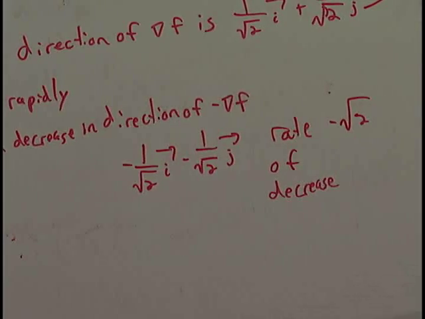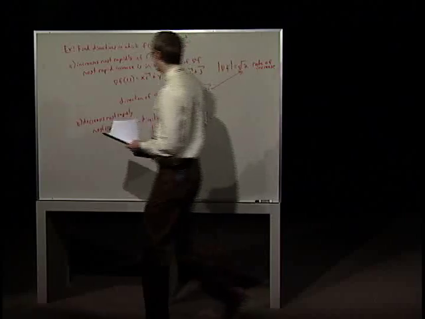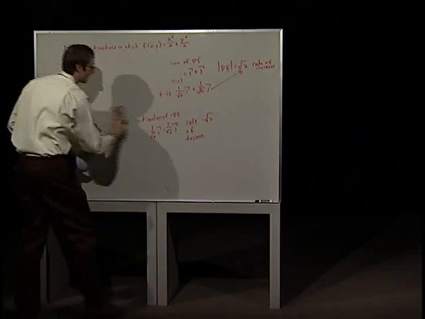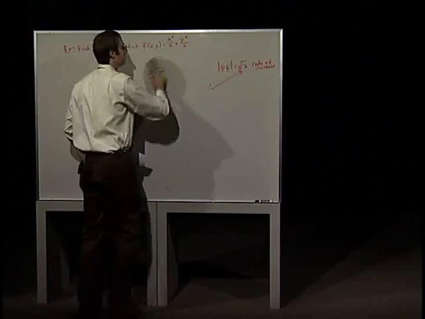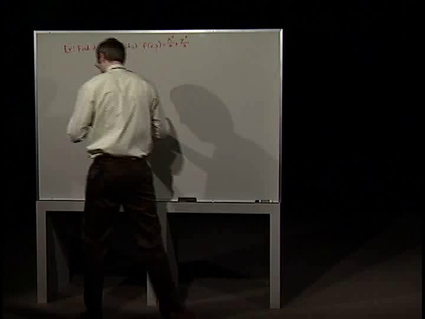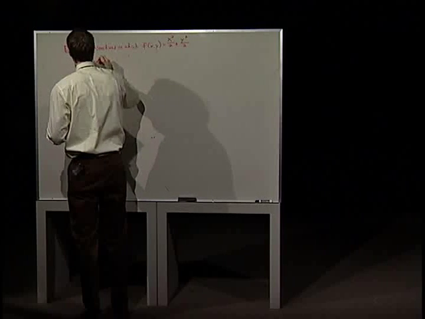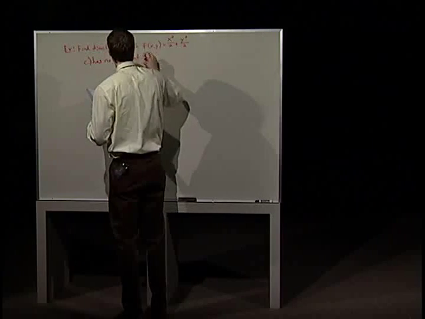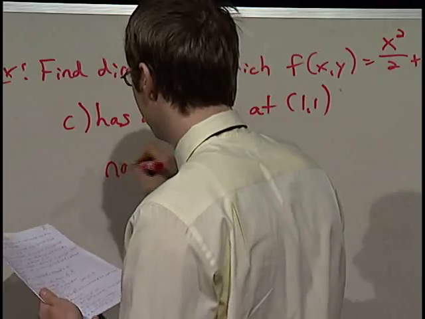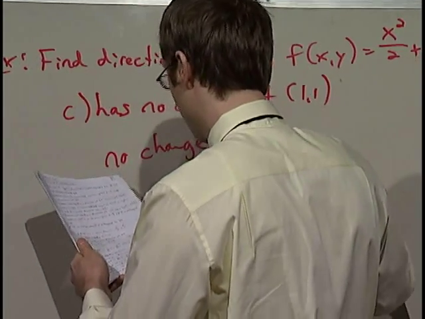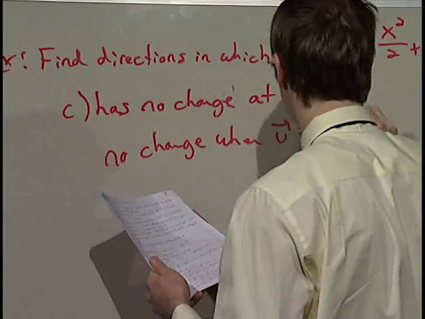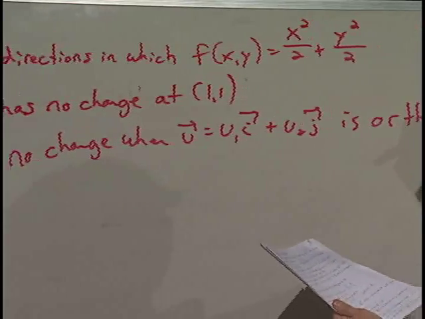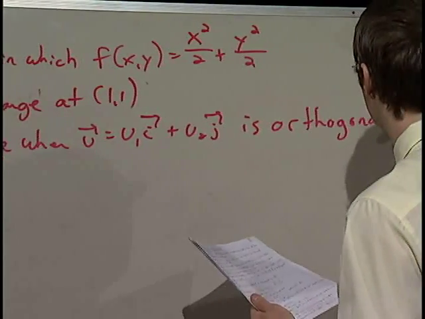All right. We can also ask, when does it have no change? So let's get rid of the increase stuff and the decrease stuff and look at when f has no change at the point 1, 1. Well, it has no change when u, which is u1 i plus u2 j, is orthogonal to grad f.